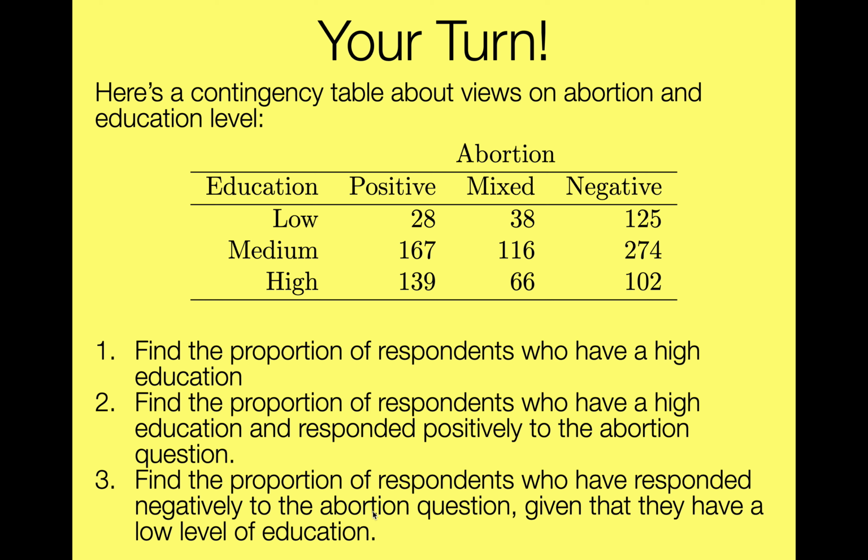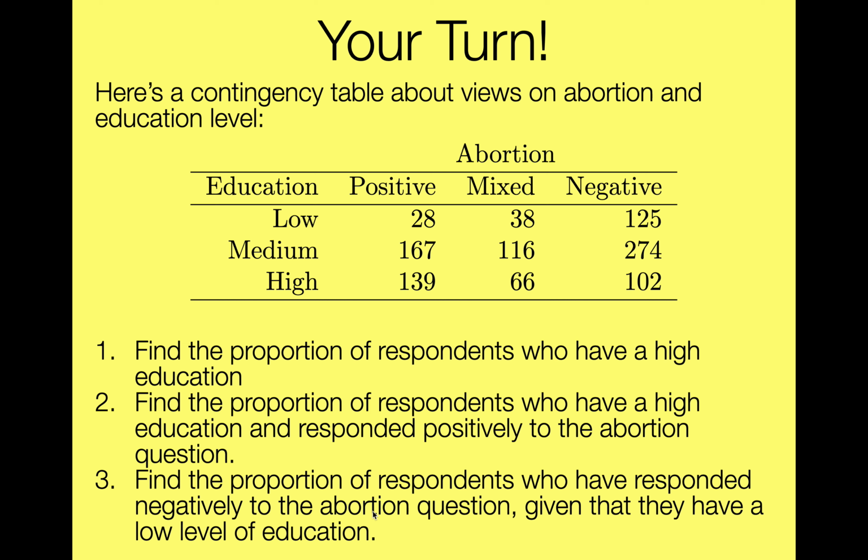This is an example of a classical data set that assessed people's education level at either low, medium, or high, and then also asked them about their views on whether they support abortion in some case.